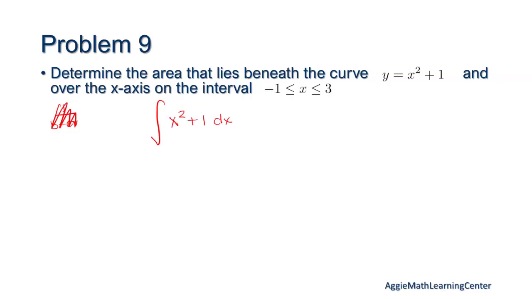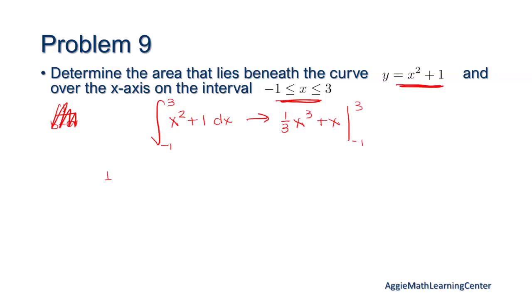Cool. So this is my function and these are my bounds, -1 to 3. Then I'm going to integrate this. This is going to become raise the power, divide by the power, and then plus x from -1 to 3.